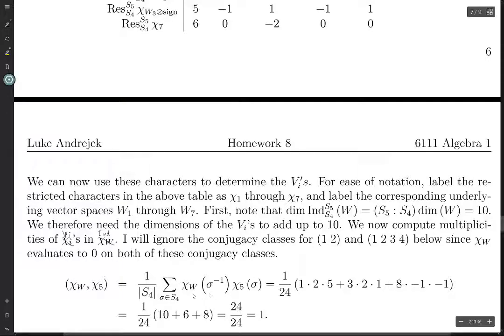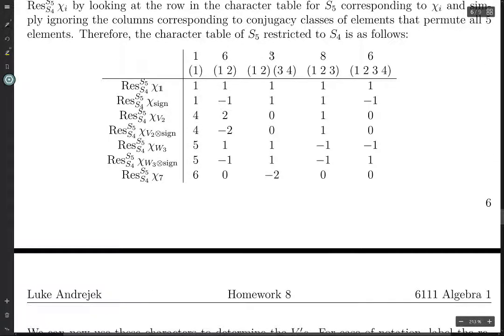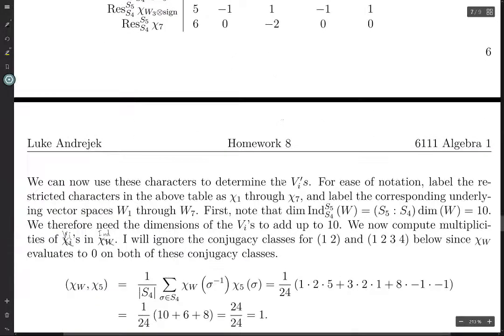So anyways, what we do is, for each element in S4 in a particular conjugacy class, the character is going to be constant, so you just multiply the number of things in that conjugacy class times the one character we're looking at times the other.